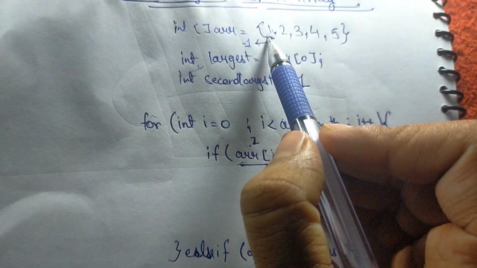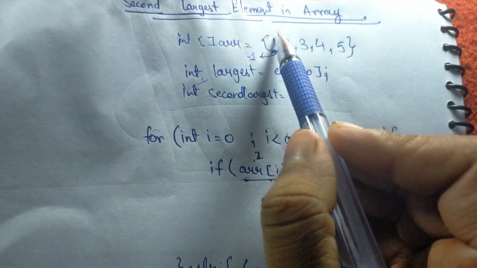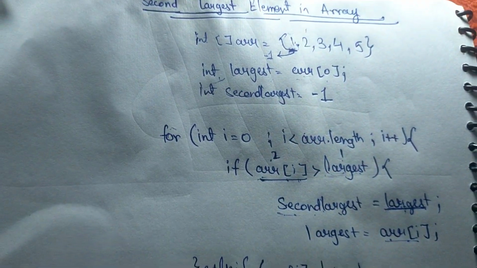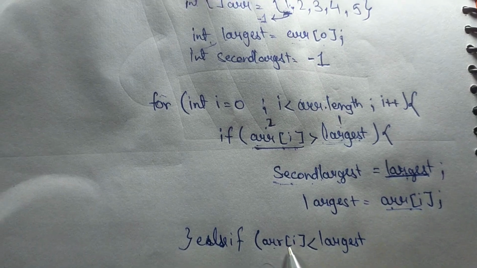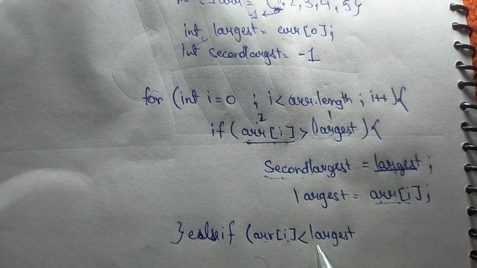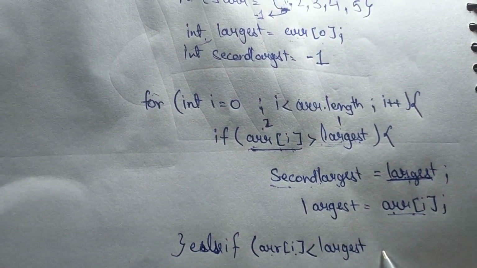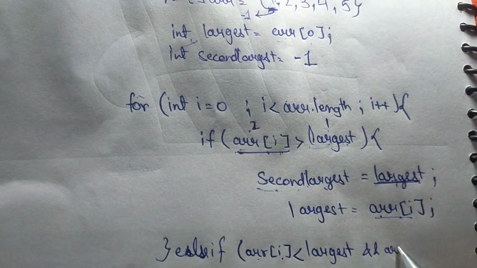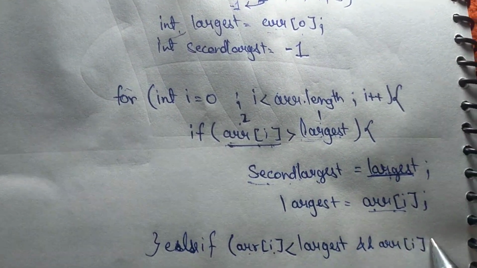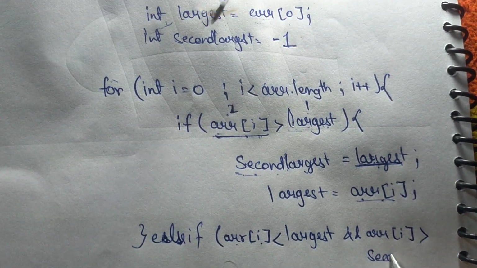If I am taking array of i initially 2 and then 1, then our loop is not doing well. So we take: if array of i is smaller than largest, and one more condition, if array of i is greater than the second largest.